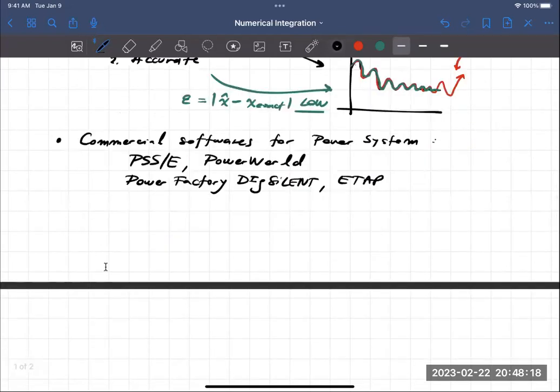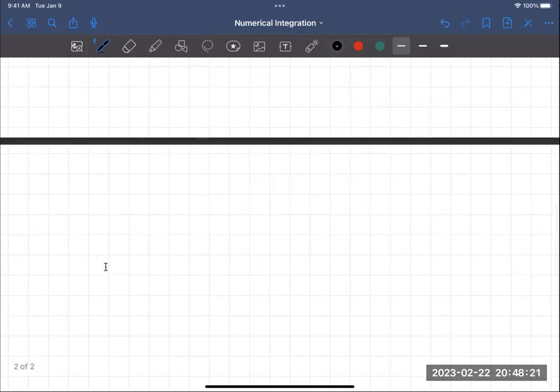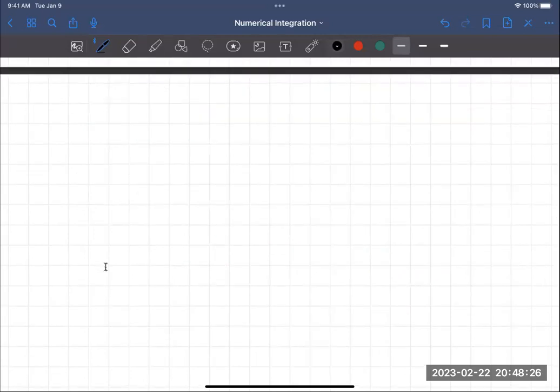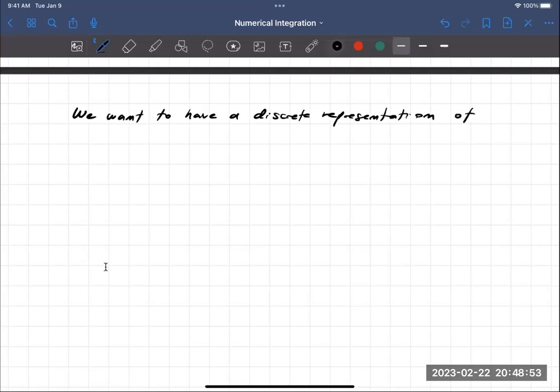So the first thing that we can do here to get to a numerical solution is, let's say we have our problem and we want to have a discrete representation of our dynamical system.